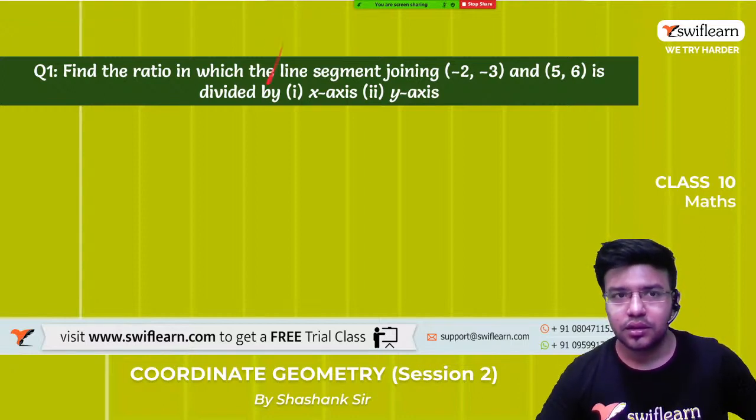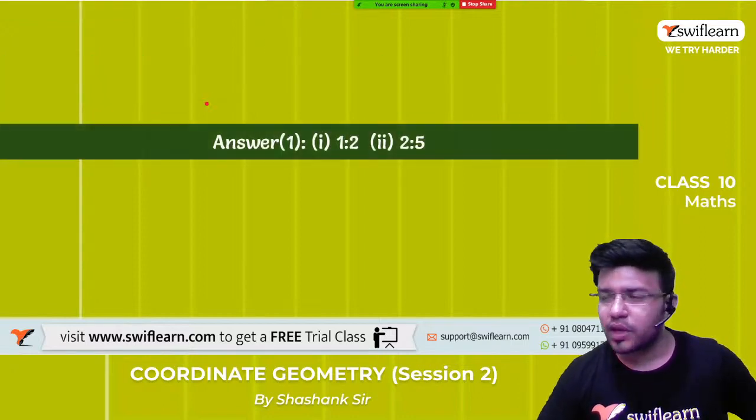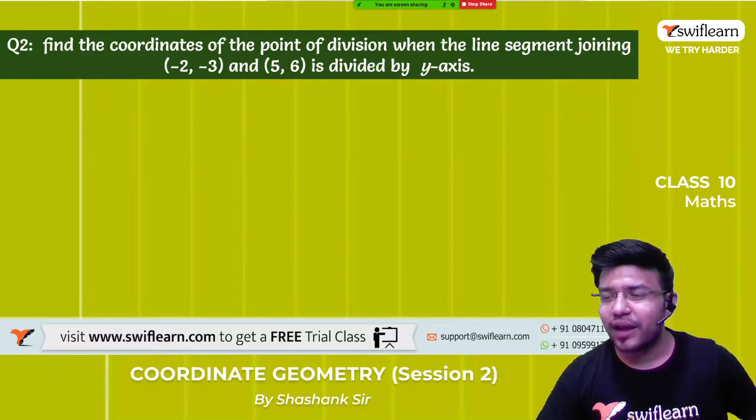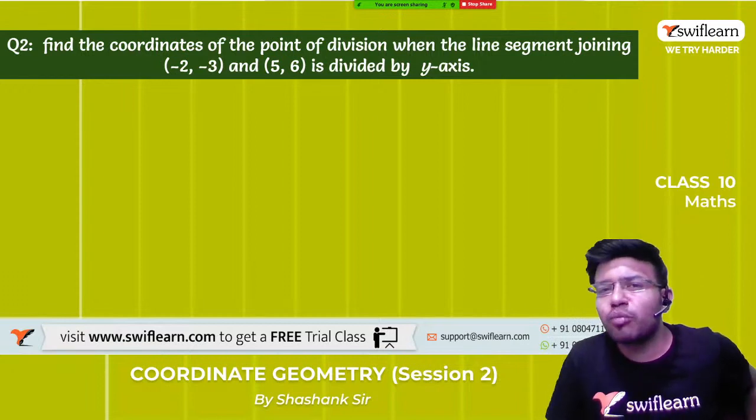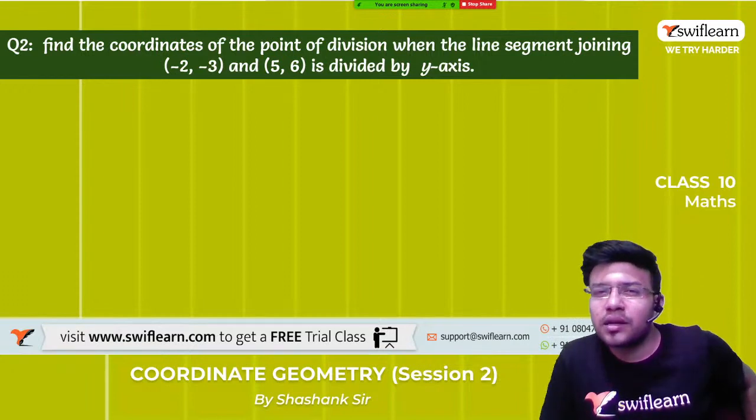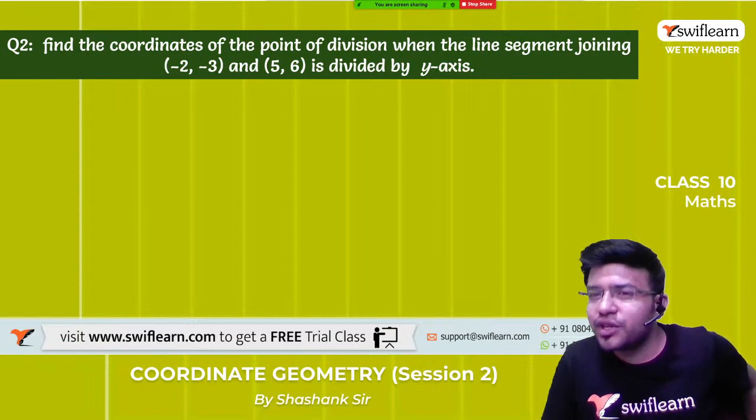Yes, we have solved it right. 1:2 and 2:5, these are the answers. Now do this one: find the coordinates of the point of division when the line segment joining these divides the y-axis. What have they asked now?